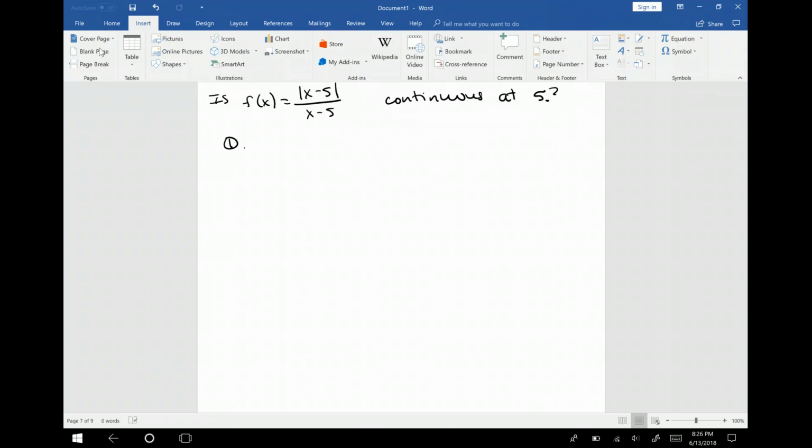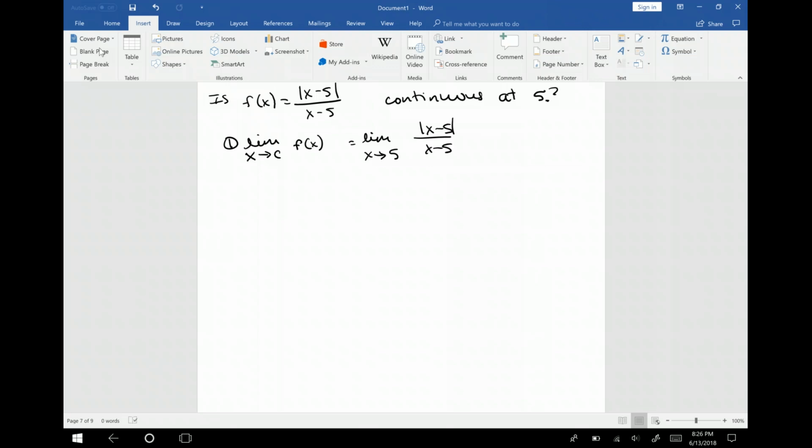We want to know what is the limit as x goes to c of f of x? That has to exist. In our example, c is 5. So the limit as x approaches 5 of the absolute value of x minus 5 over x minus 5.